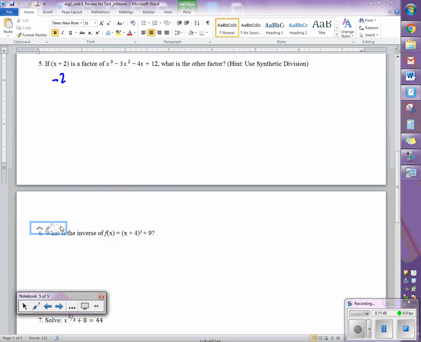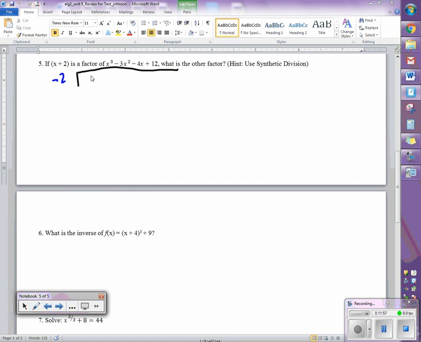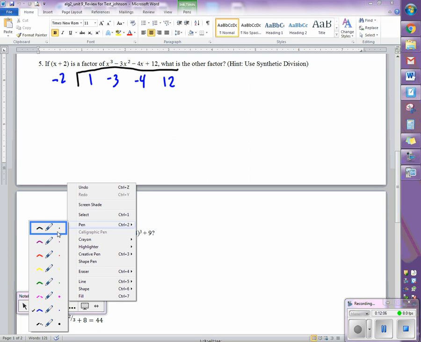Draw your house. Count your terms. It's a degree 3, so I'm supposed to have 4 terms, which is correct. List them all inside. So 1, -3, -4, and 12. And then carry out the division process.